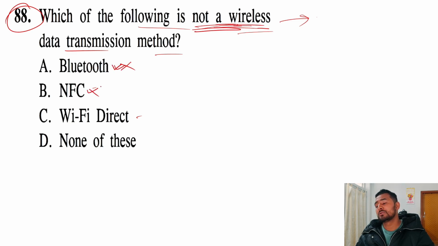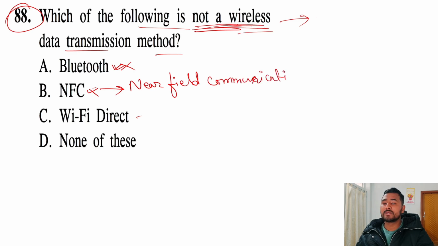NFC will also not be a correct answer, because NFC means near field communication. Where do you use NFC? While paying. Our devices like phones and smartphones which have NFC enabled, you can just tap and pay.